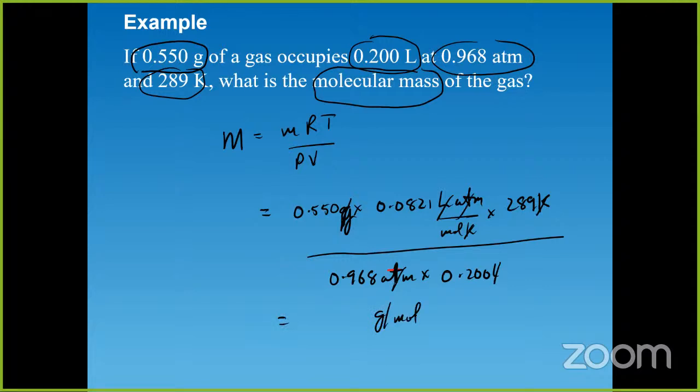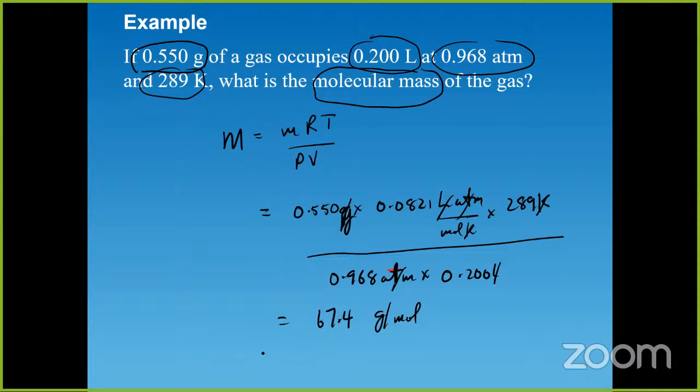So we do the number crunching: 0.550 times 0.0821 times 289 divided by 0.968 divided by 0.2. According to my calculation, the answer I got is 67.4 grams per mole.